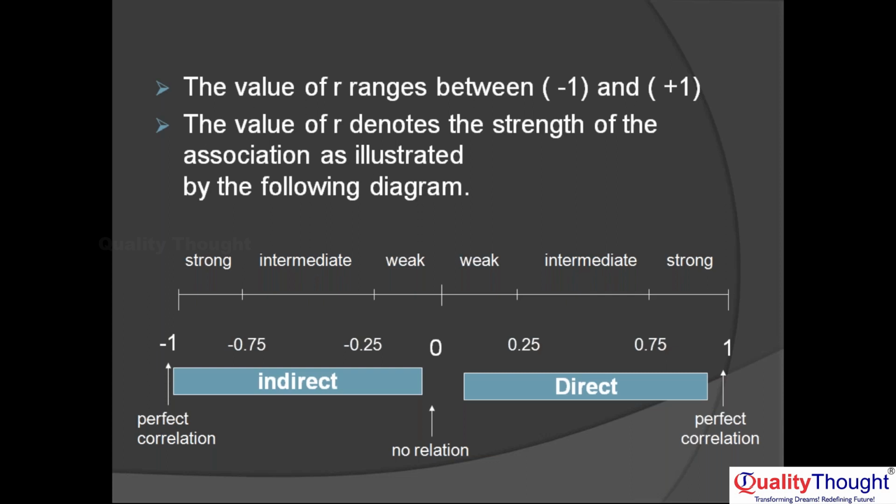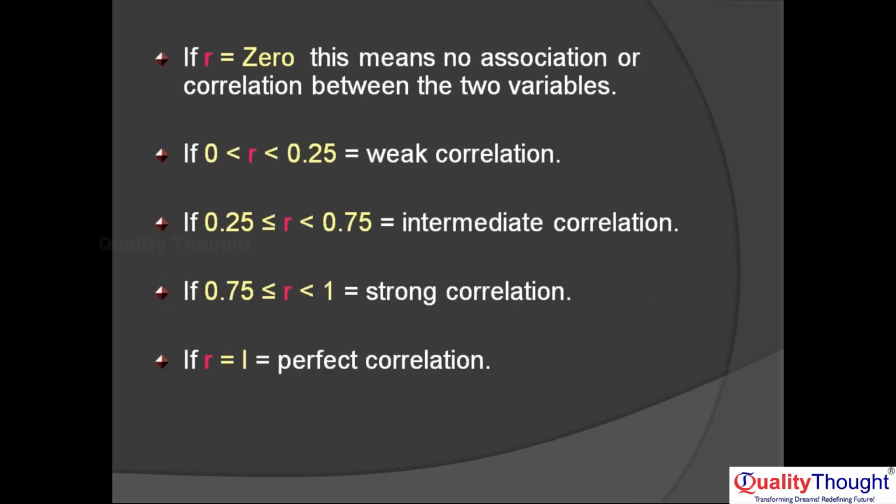No relation between what? There is no relation between the variables. 1 represents the perfect correlation. -1 represents the perfect negative, the indirect perfect correlation. And here, 0.75 less than or equal to r less than or equal to 1 is going to be a strong correlation.